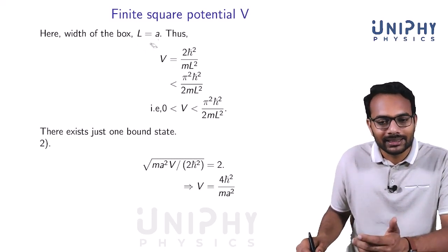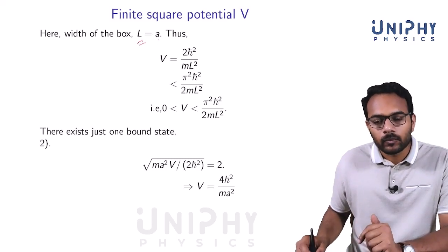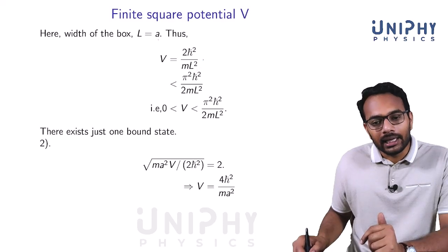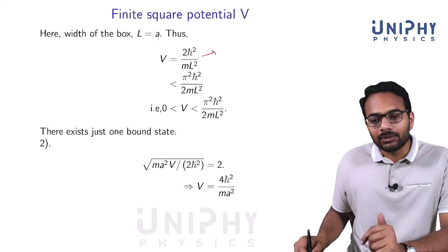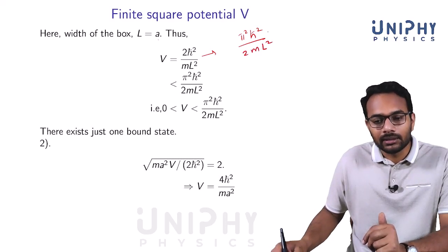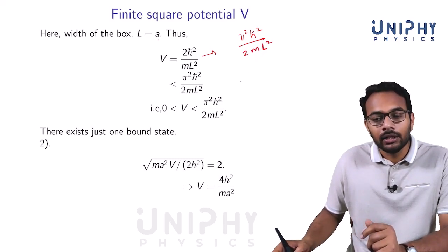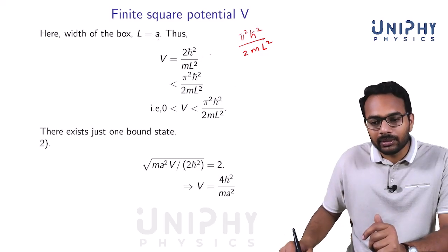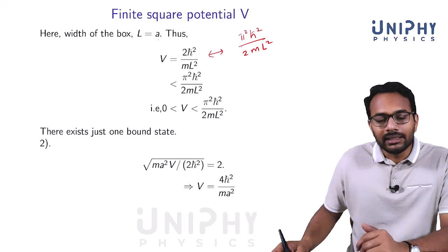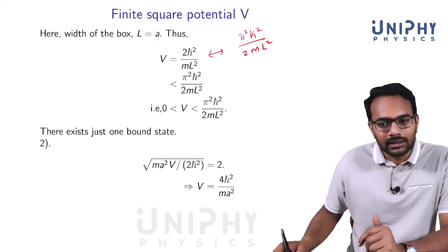Now we compare it with the nearest thing that we are familiar with, pi square h cross square divided by 2mL square, corresponding to the E1 of the infinite square well potential.